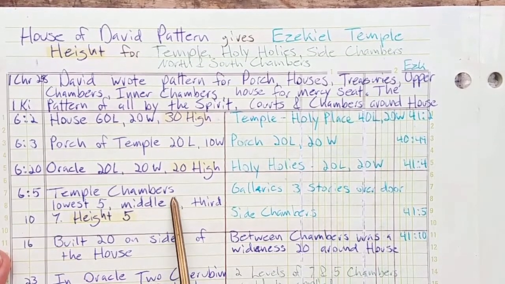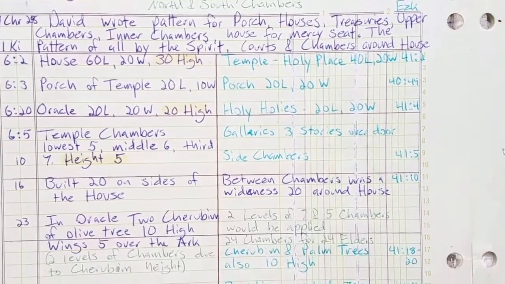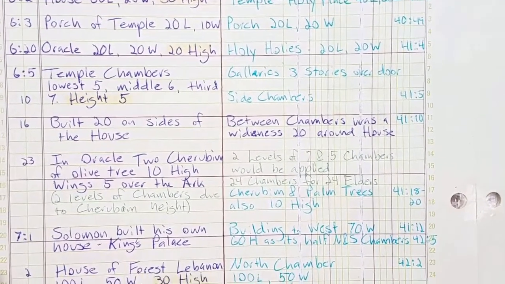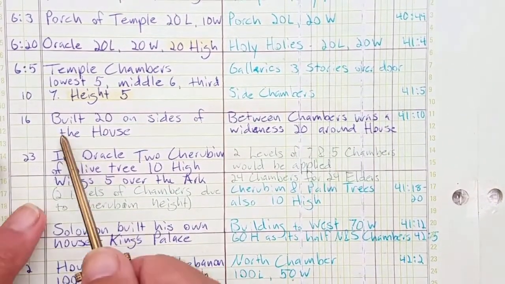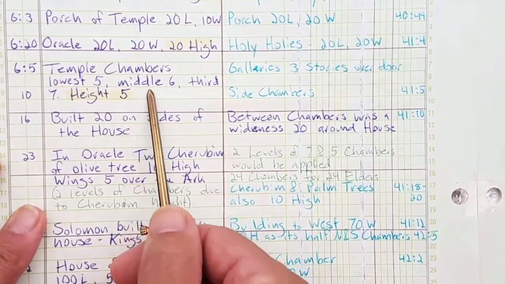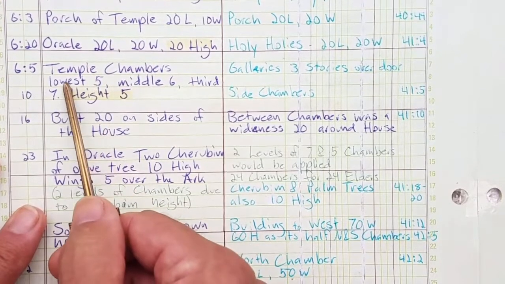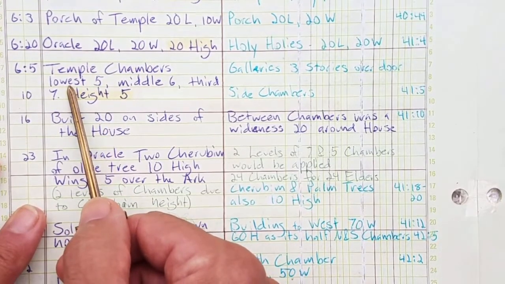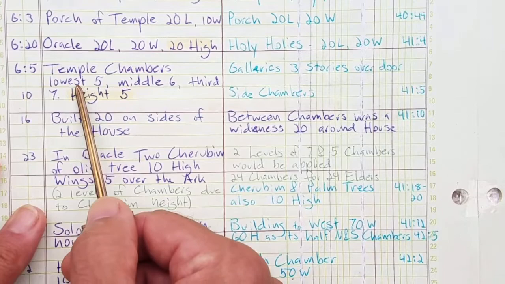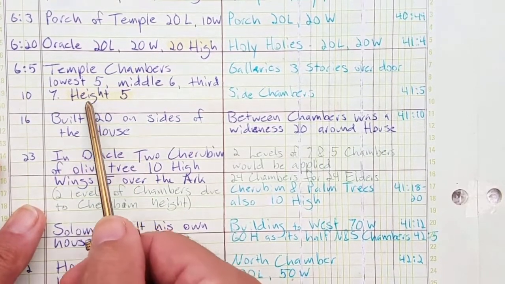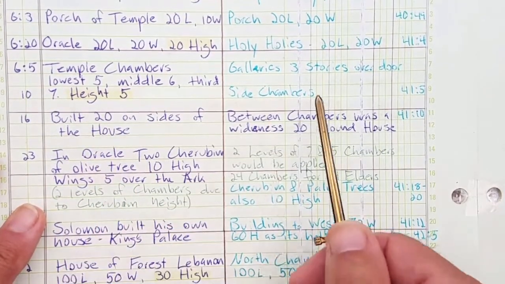All right, same thing with the temple chambers. There are chambers inside the temple. In my Father's house, there are many mansions, many rooms, okay? Ezekiel doesn't give us all the details of this room, okay, but the height is there. All right, they go by 3 levels, okay? 5 cubits, 6 cubits, 7 cubits, and the height of the chambers is 5 cubits.